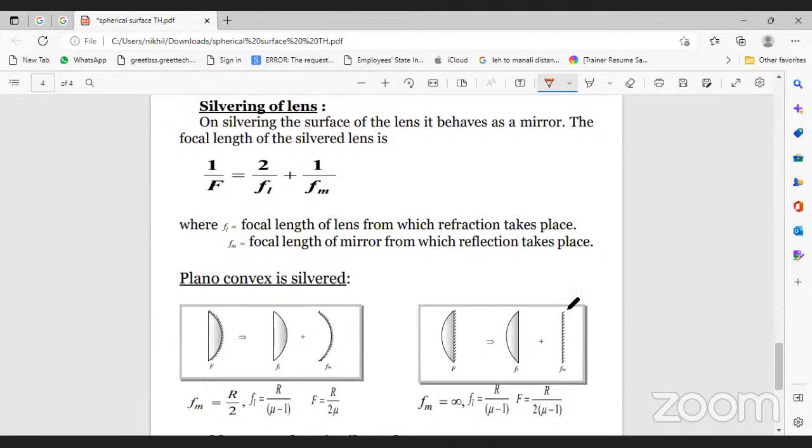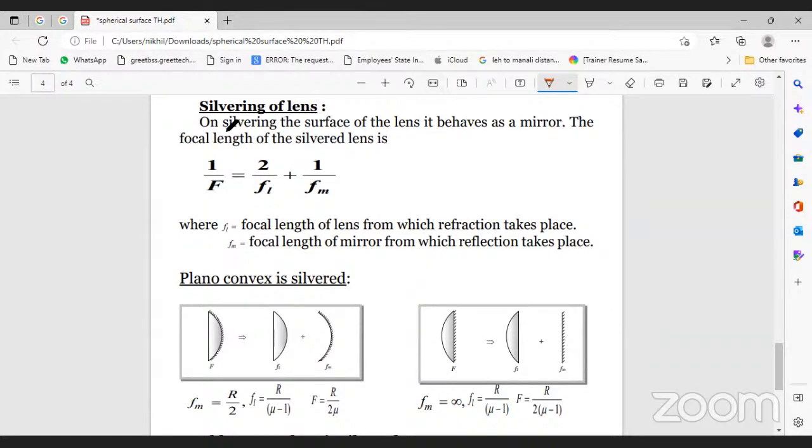Look at this. This is also very, very important for competitive exams. That is silvering of a lens. What is the meaning of silvering of a lens?